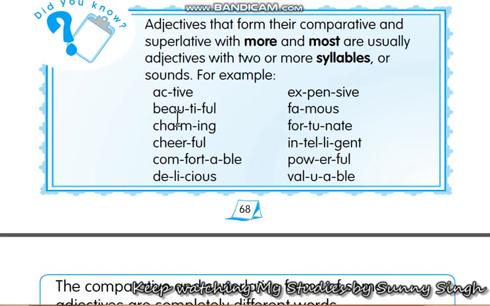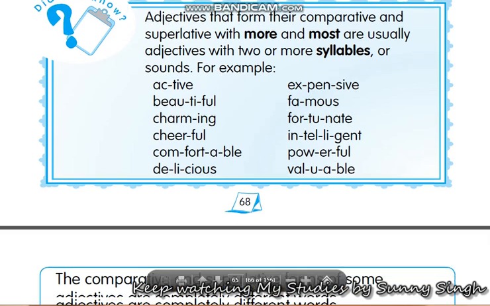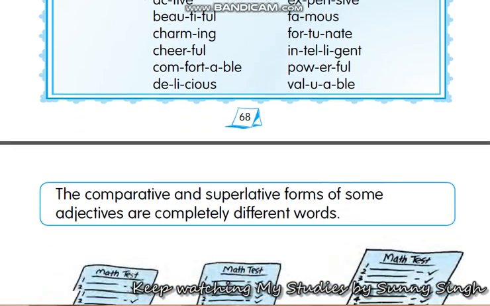You can see here examples: active is two syllables, expensive three syllables, charming two syllables, so they will take more or most for their comparative and superlative degrees.